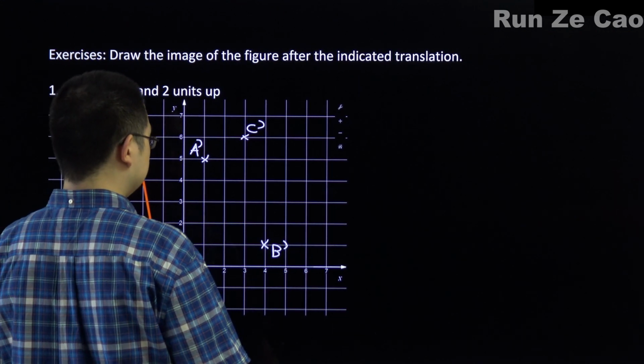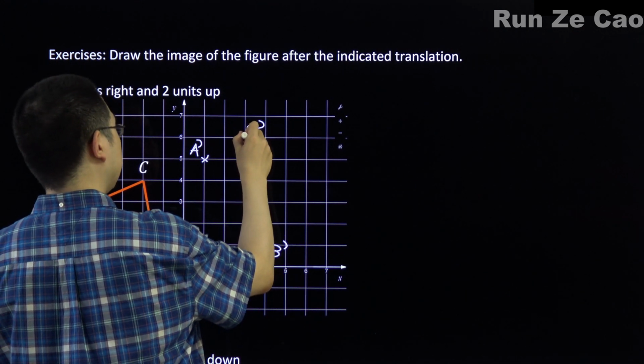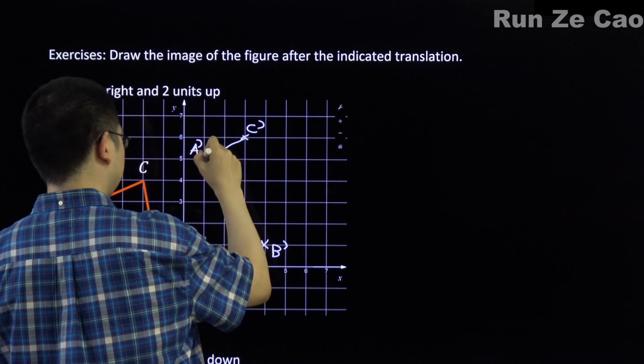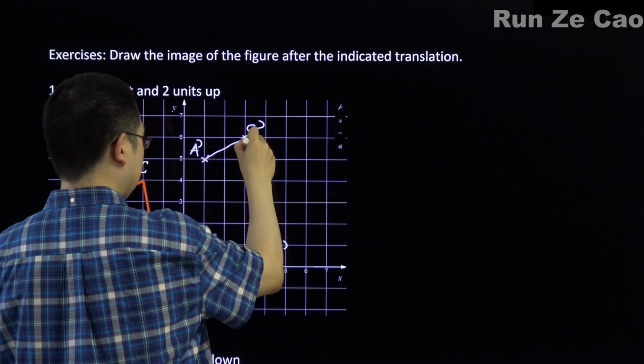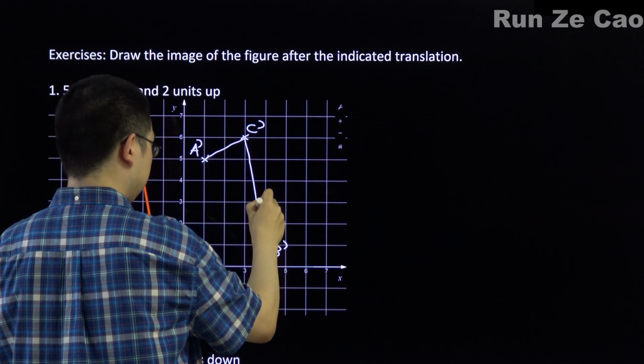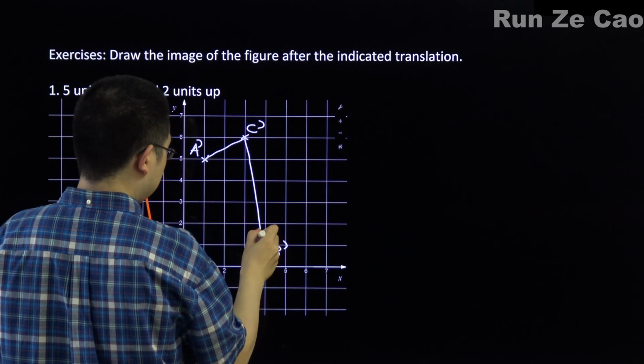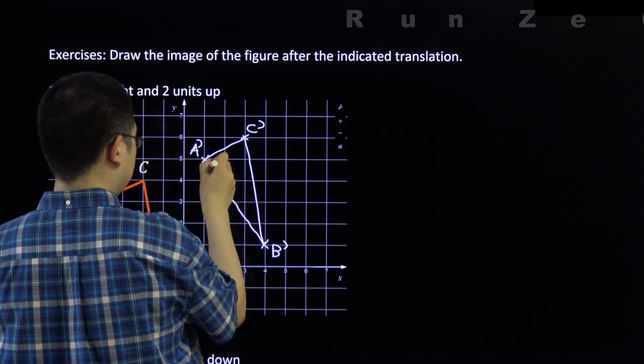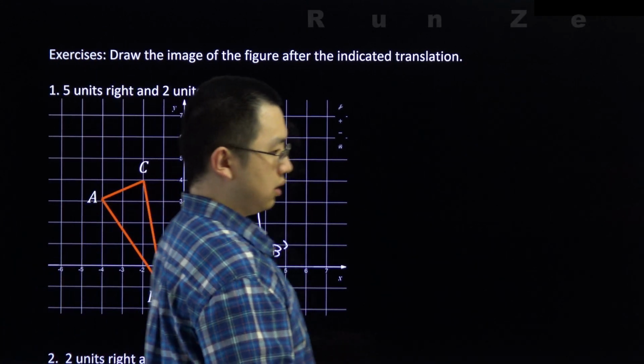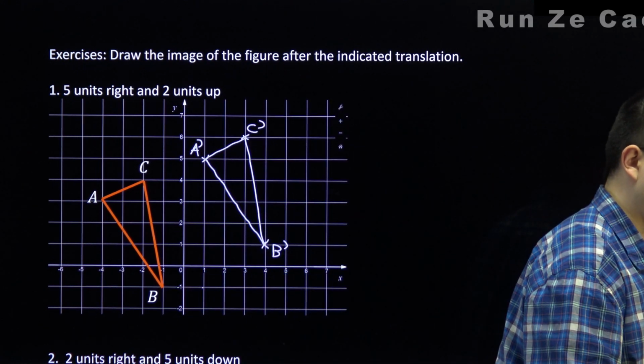Okay then. Now we would connect these points to make the shape. All right. Of course, you should use a ruler if you can.